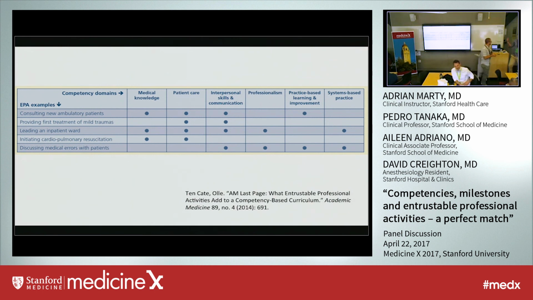It also highlights the fact, as we were saying before, that the idea with EPAs is that they're all-encompassing, that we should be evaluating residents not on these bits and pieces necessarily, but on these holistic activities that you're going to entrust them to go out in the community to do unsupervised. It might have 7, 8, 9, 10, 11, 12 milestones incorporated in that one activity.